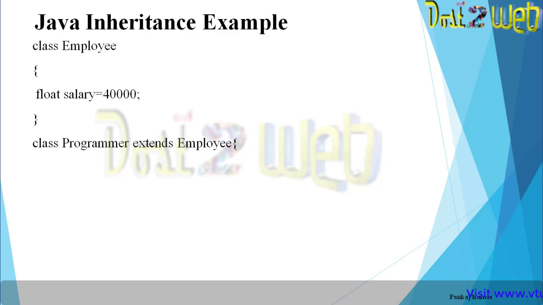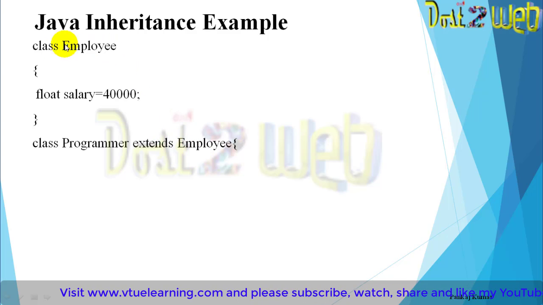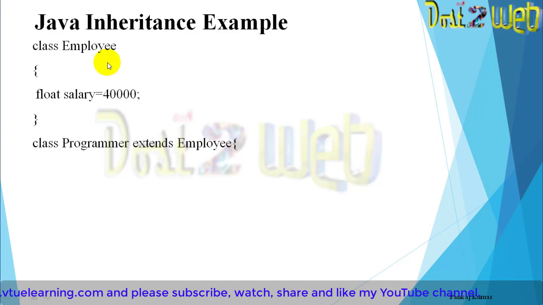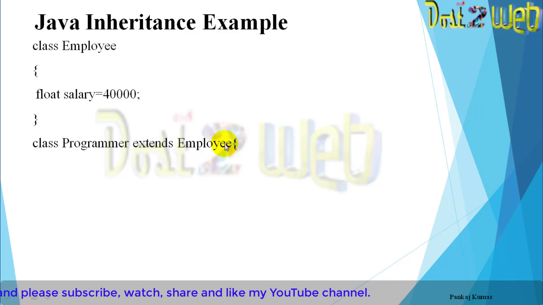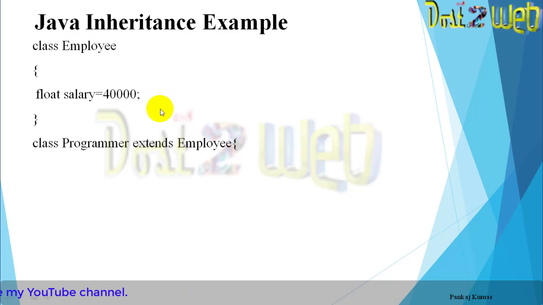Now I am going to create a new class, that is Programmer, and we are going to extend the features of the class Employee. So what I am going to do? We will use extends. Which class properties are we going to inherit? Employee. So you should write extends Employee. What will happen now?